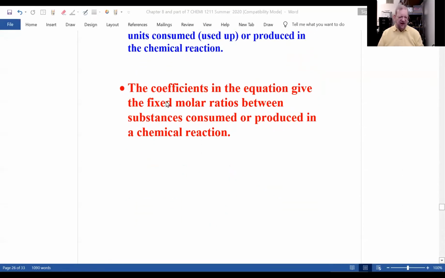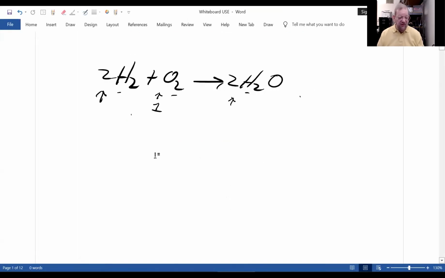Another way of saying that is, and I'll never ask that on a test, but I'll expect you to know how to use it, the coefficients in an equation give the fixed molar ratios between substances consumed and products produced in a chemical equation. That really should be an and. But anyways, let's go back and look at this chemical equation.